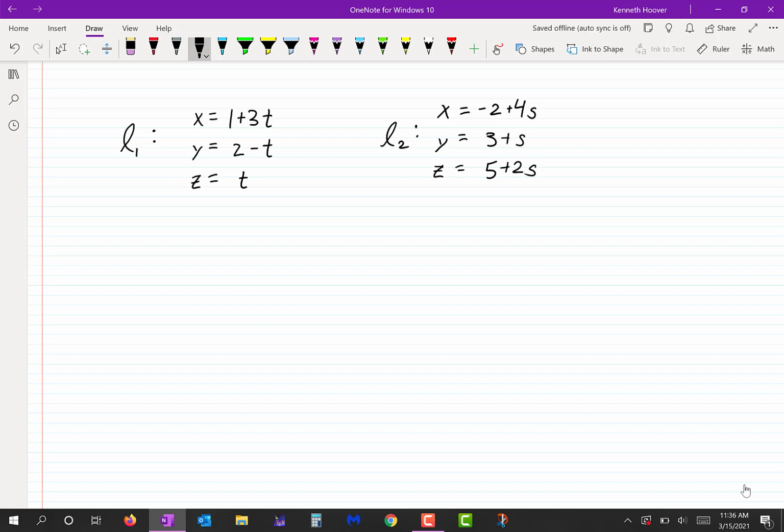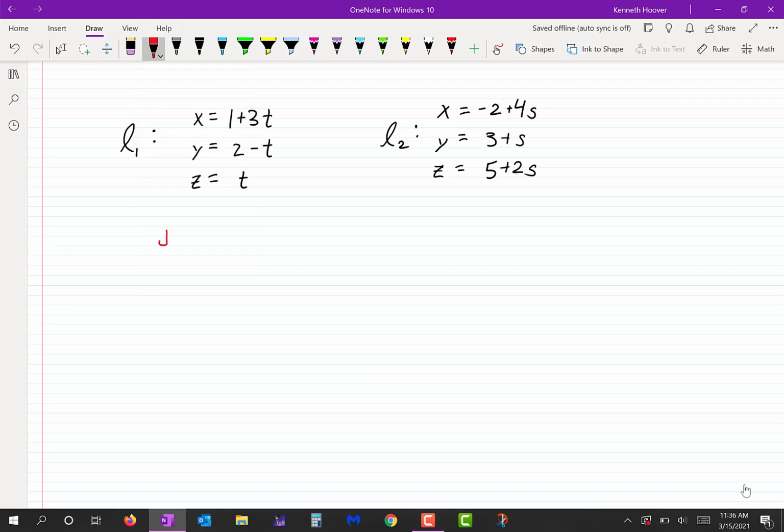And I want to decide, are those 2 lines the same, intersecting, parallel, or skew? Okay, what I'm going to look at first is the direction vectors for these 2 lines. So L1, what's the direction vector for that?